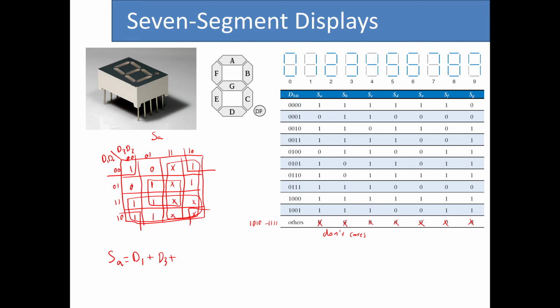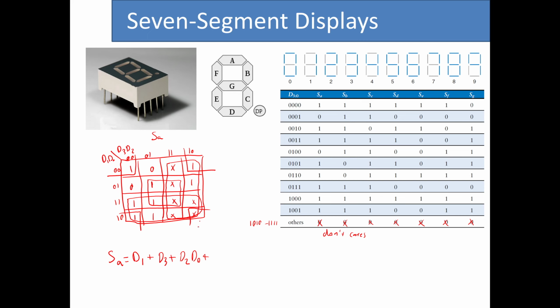Then for the circle at the center, we have the value for D3 to be both 0 and 1, so I don't include it. The value for D2 is always 1, so I have D2. The value for D1 is both 0 and 1, so I don't include it. The value for D0 is always 1, so I have D0 here. And finally, for the ones at the corners, we have D3 to be both 0 and 1.